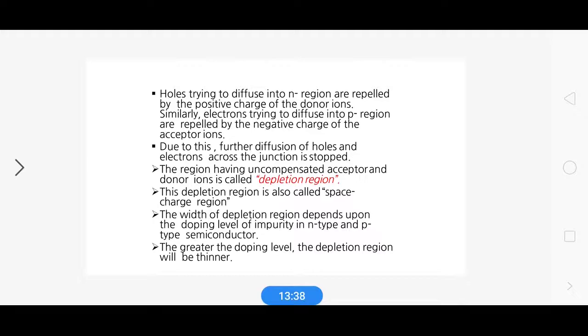And the width of the depletion layer depends on the doping level of impurity in the N-type and P-type semiconductor. The greater the doping level, the thinner the depletion layer will be. The lesser the doping level, the thicker, or wider, the depletion layer will be.